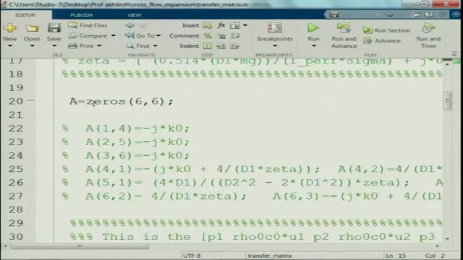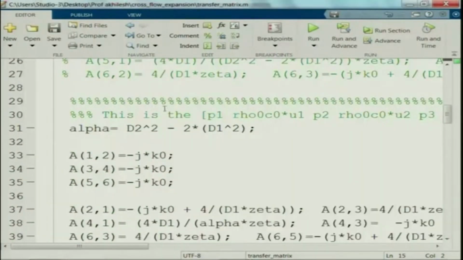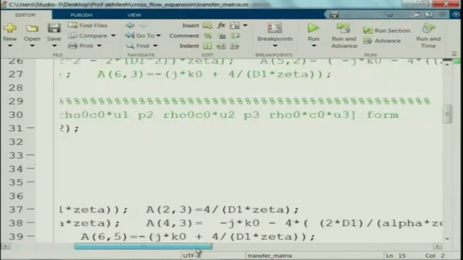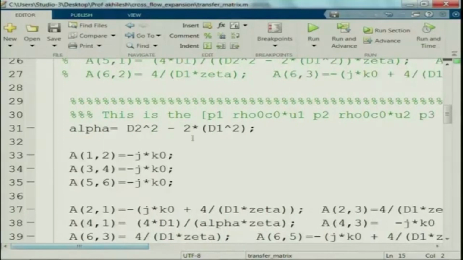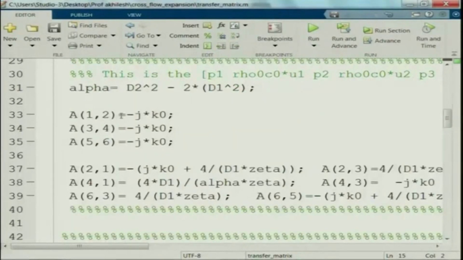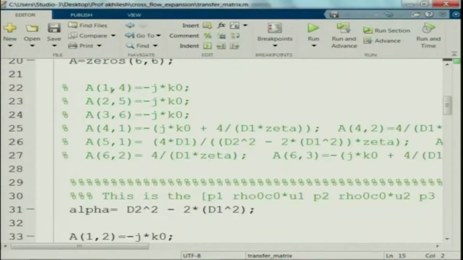Now here is the deal. A is a 6 cross 6 matrix, so we slightly rearrange it in this form, P1, rho naught C naught U1, because this is shown to be a bit more stable than the other form. This experience is obtained only through a number of numerical experiments. A1 to A3, this is all what I have written in the slide which I presented.